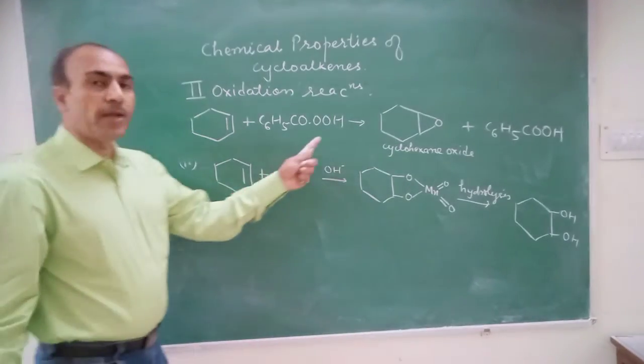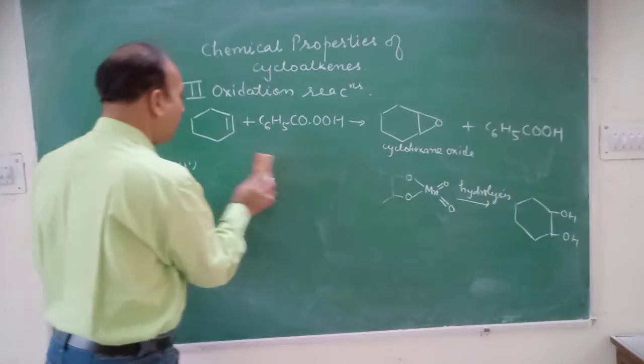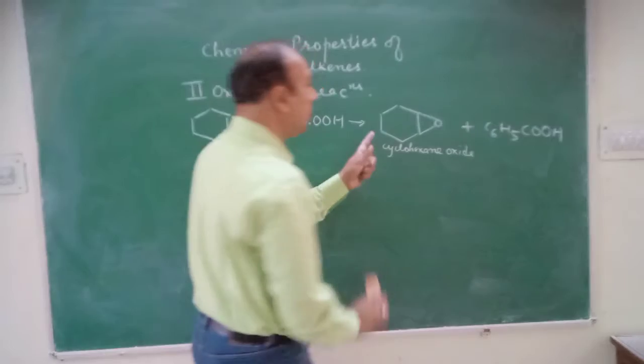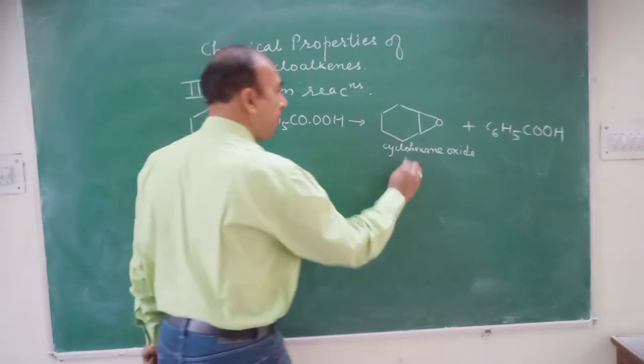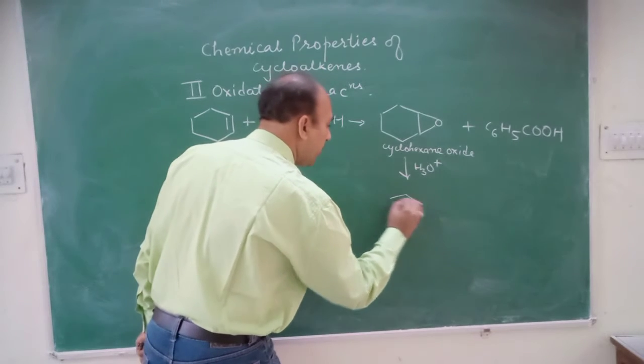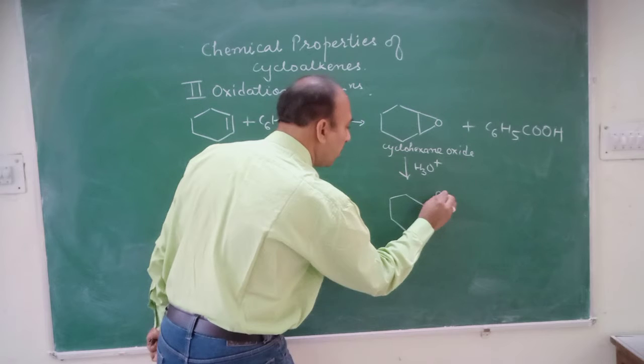See, this cyclohexane oxide on acid hydrolysis will develop hydroxyl groups, but they will be trans. On acid hydrolysis, the ring is being broken down and we develop OH groups which are trans.